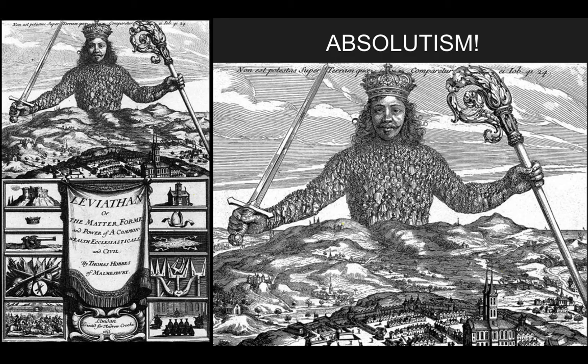Now, there will be some exceptions, and we're going to look at England and the English Civil War in a subsequent assignment, and then also the Dutch Golden Age from the Dutch Republic, after we looked at last unit how the Dutch earned their independence from Spain. But absolutist monarchies are going to pop up all across Europe, and that's the foundation of your individual student presentations this week.